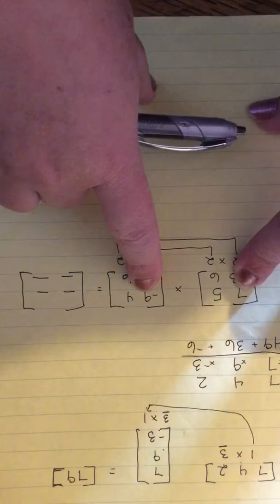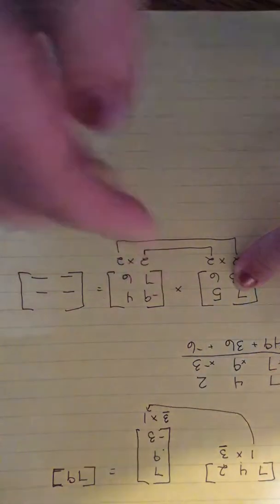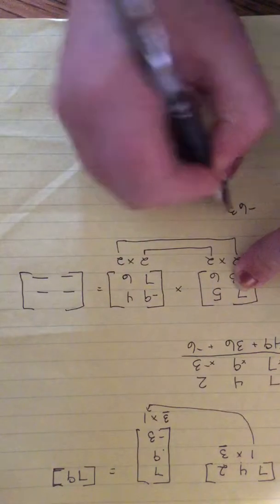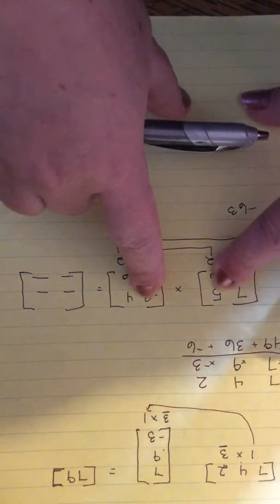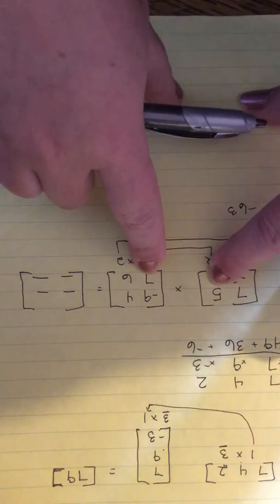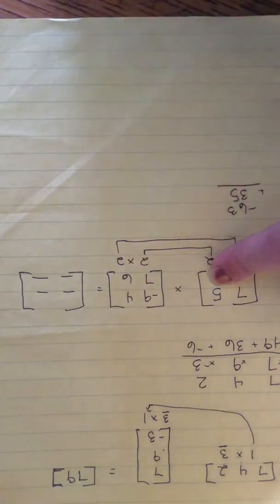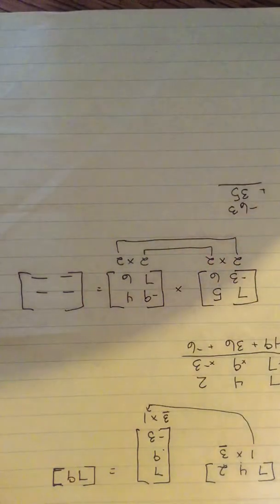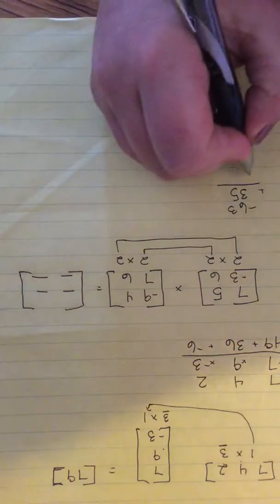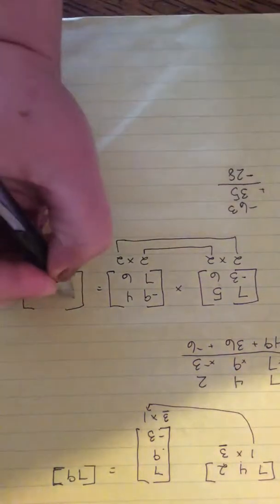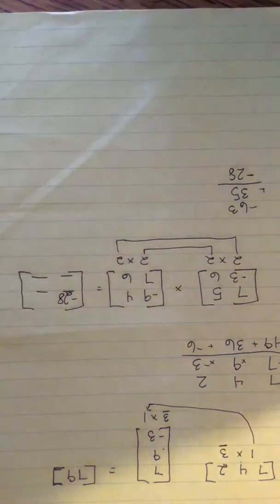So first elements, 7 times negative 9, is negative 63. Slide across and down. Second element, 5 times 7 is 35. So negative 63 plus 35, I think that's negative 28. So our first answer should be negative 28.